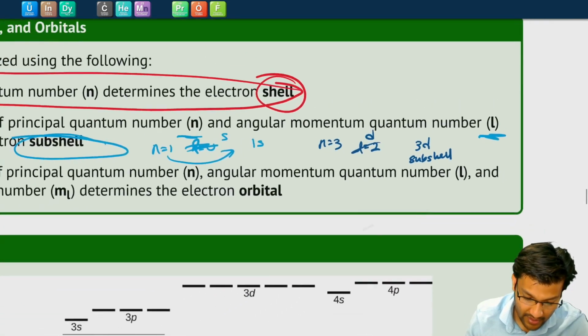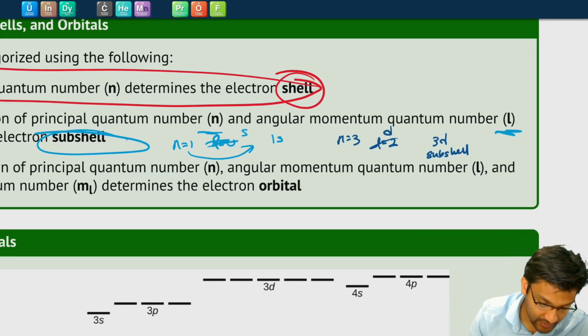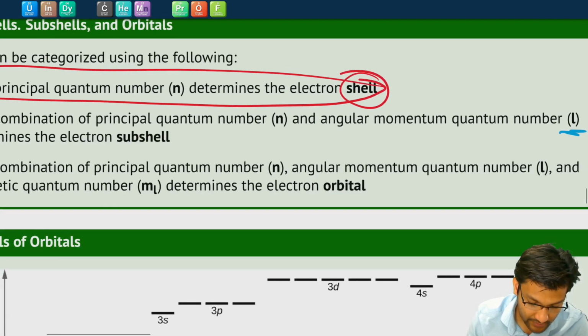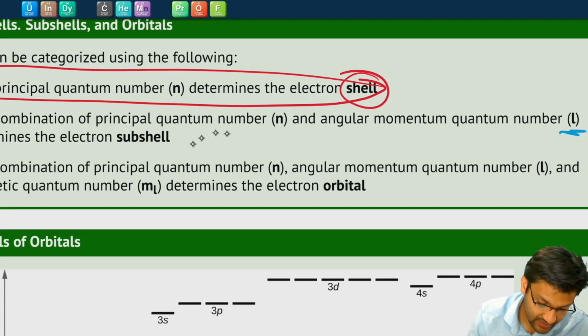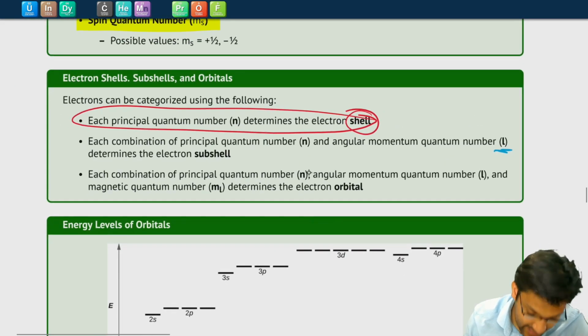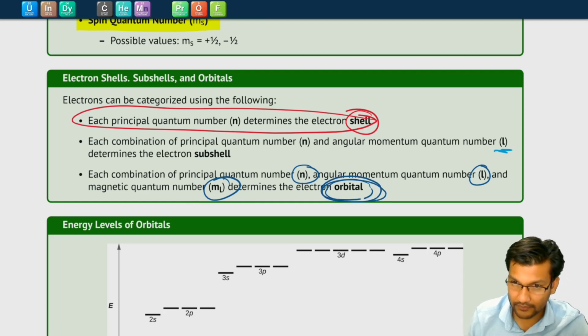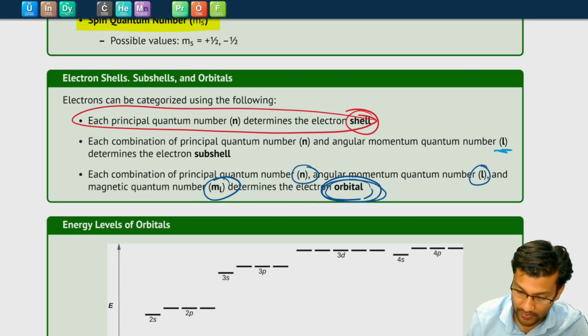So that's how we label these shells and subshells. Shells will only have an n value, and a subshell will have an n value and an L value written as a letter. If you have a combination of n, L, and ML all together, we have what we call an orbital. So those things create what we call an electron orbital.